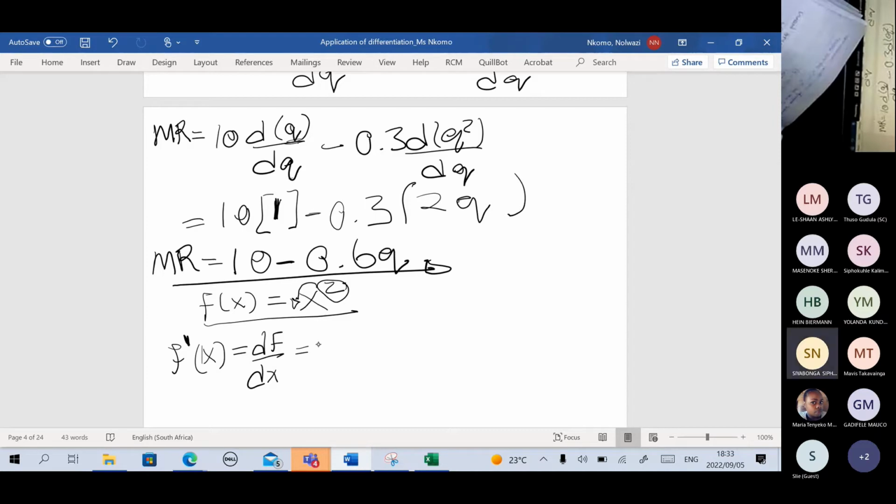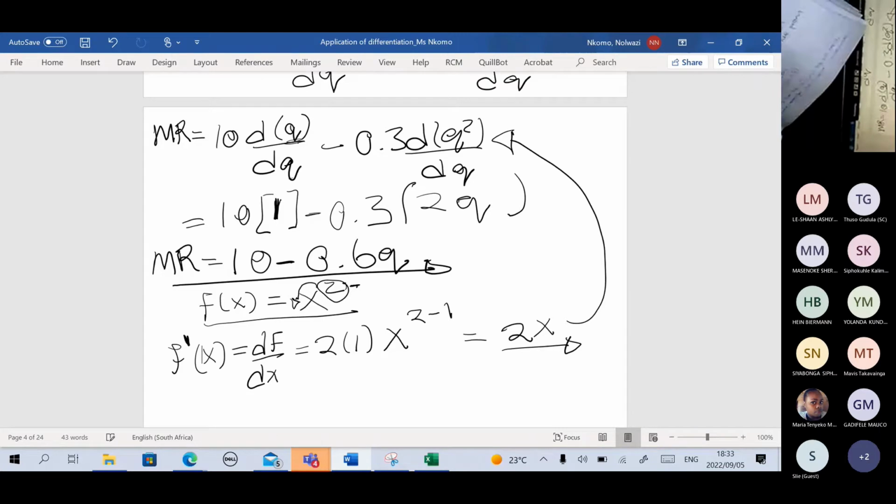So we have 2 times 1, then x, then you subtract 1 from the power. So we have 2 minus 1, which means we have 2x. That's why we have 2Q. This is just the power rule. Oh no, now I see my mistake. I keep forgetting I'm multiplying the coefficient. Now I see how we got 2. All right, no problem.